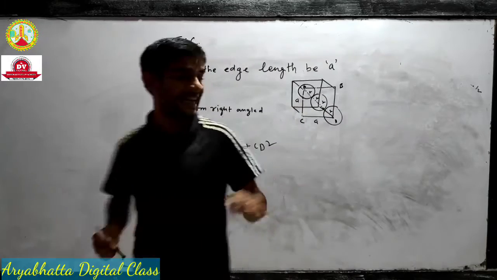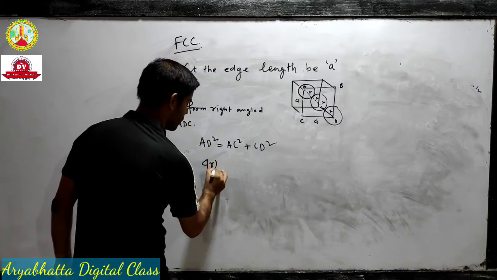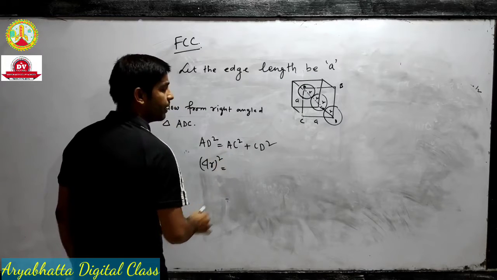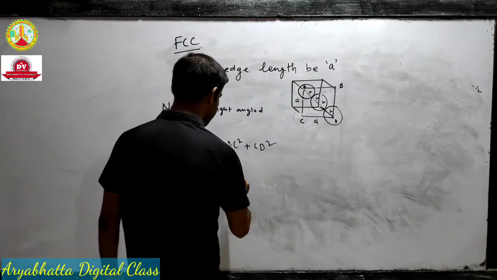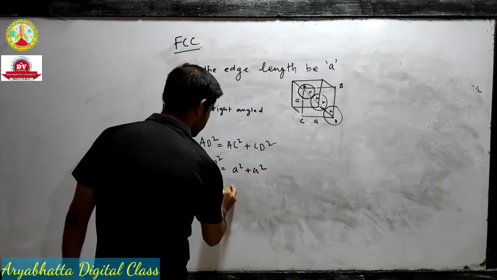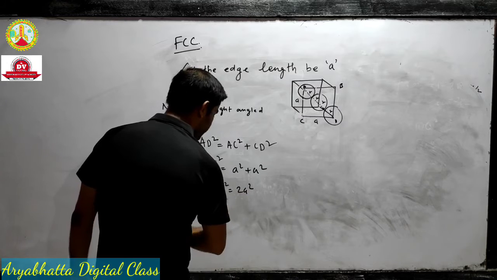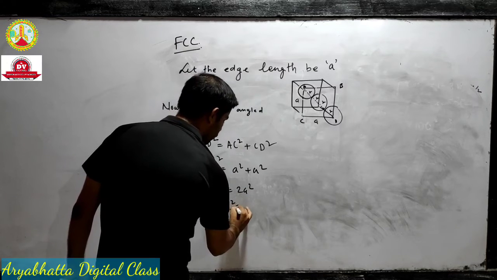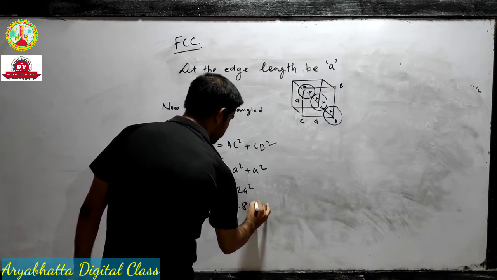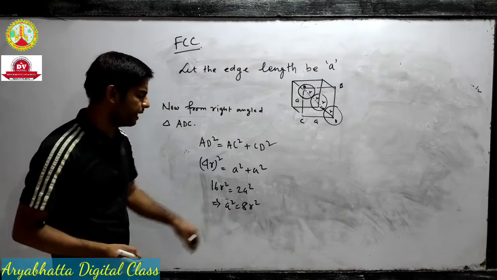Now AD is 4R, AC is A and CD is also A. So we get 16R square and we get 2A square. So finally we get A square equal to 8R square. Okay, A square equal to 8R square.